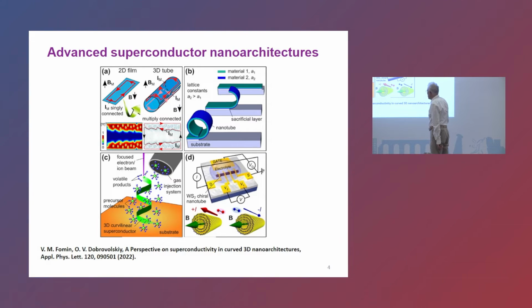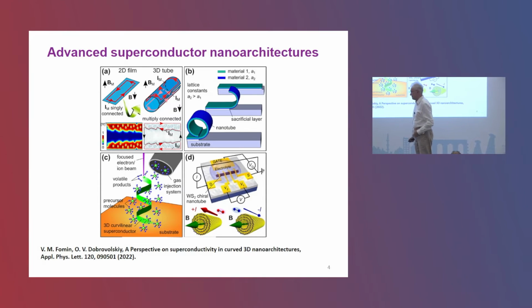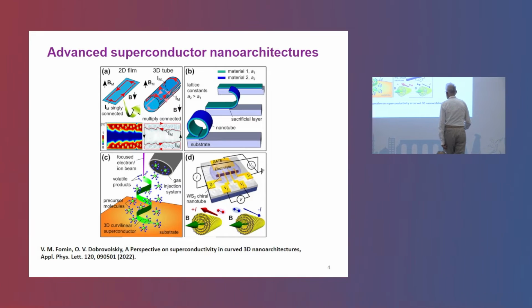Here is an example of a helix. If the focus describes a helical path in space, then these molecules, which are under the effect of this focused ion beam, are forming a nanohelix, for example, but this path can be extremely different, thus producing a great variety of structures.